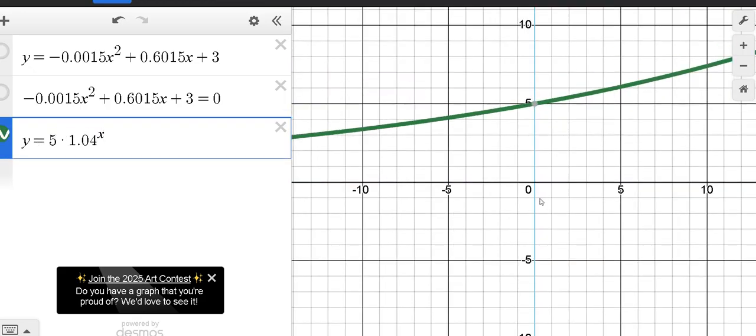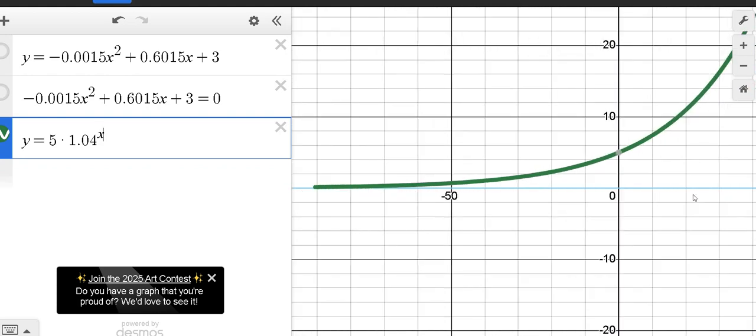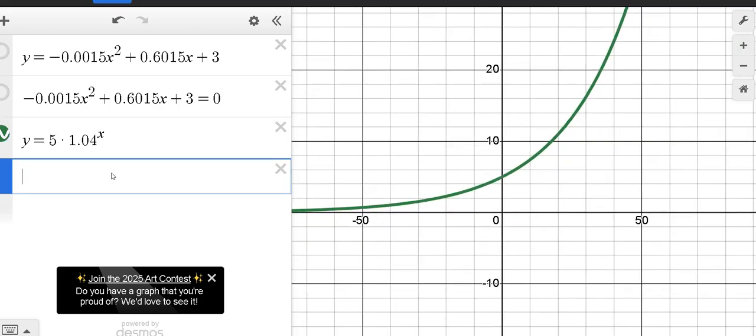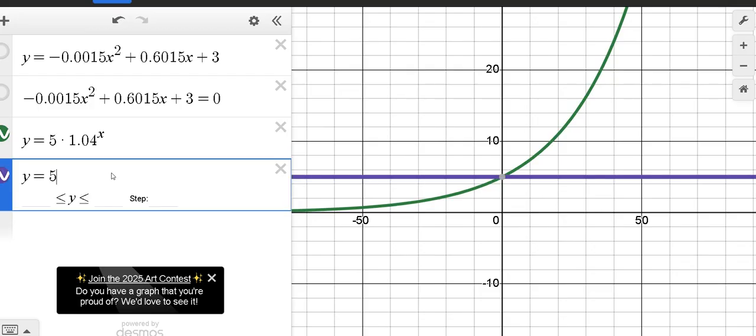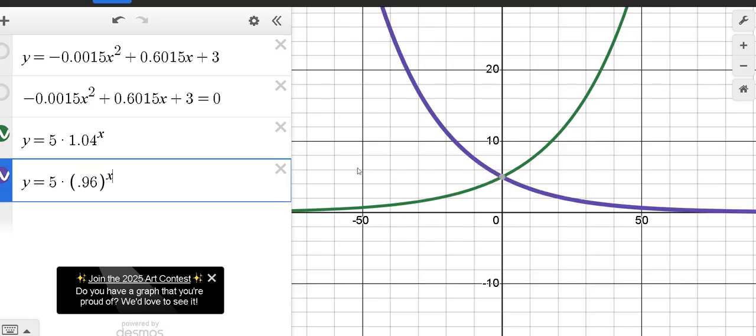That was an example of exponential growth. There you go. You could also have something that decays exponentially. So y equals 5 times, say, 0.96 raised to the x. So there you go. They're kind of a mirror image. One is increasing, one's decreasing. But at the same time, both of them are exponential functions.